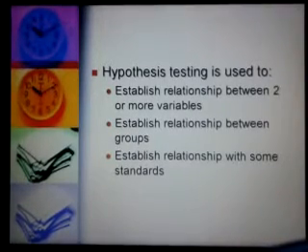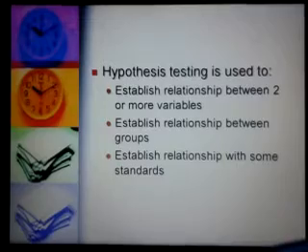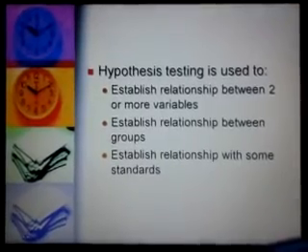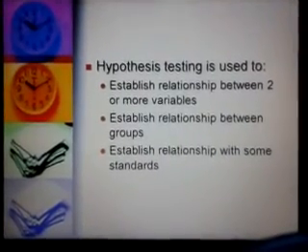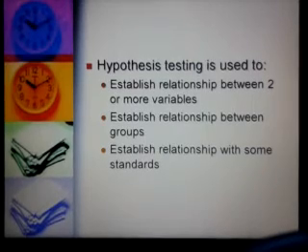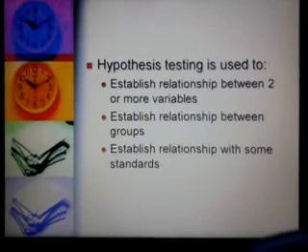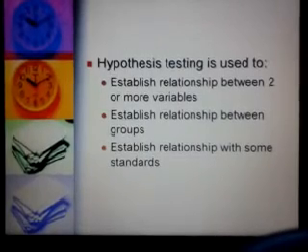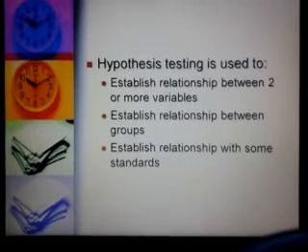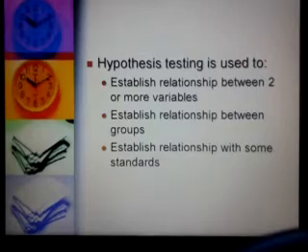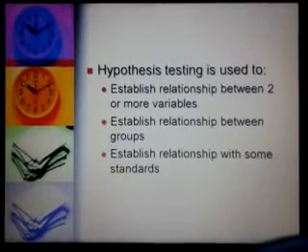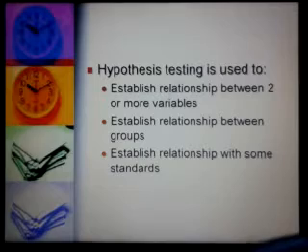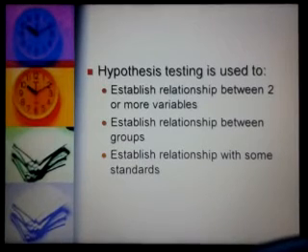And last is establish relationship with some standards. So it is also possible that there are some standards already in theory, and then we are trying to find out whether everything according to those standards is associated or related, or it is not related.